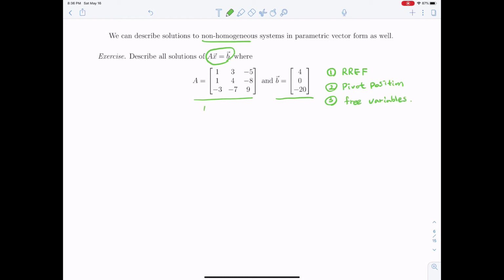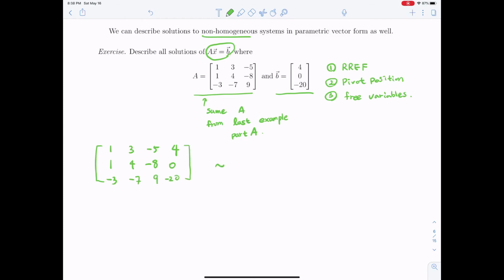So here, note that A, the given matrix, is the same as the previous example. So you can follow the same row reduction to get the row echelon form of the given augmented matrix. And RREF of this matrix will appear in a second.